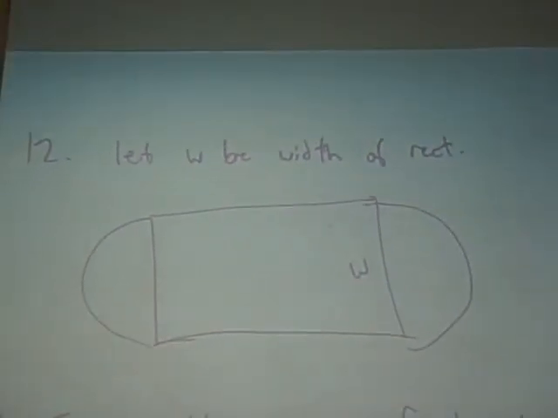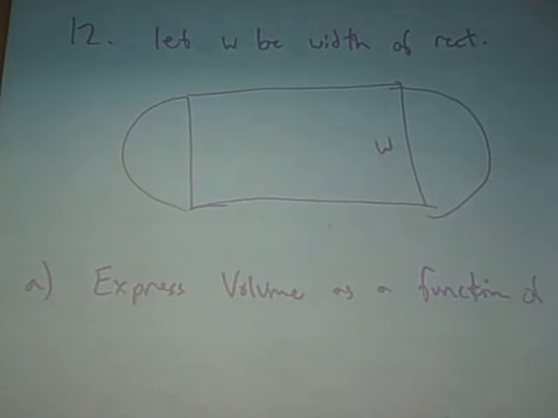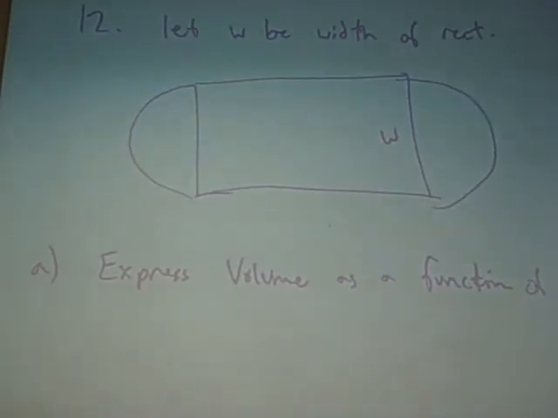Number 12, we've got some sort of an ice hockey rink, and we're going to let W be the width. We've got a rectangle and two semicircles on the side, and we want to express the volume as a function of the width, where the length of the rectangle is 20 feet less than twice the width.